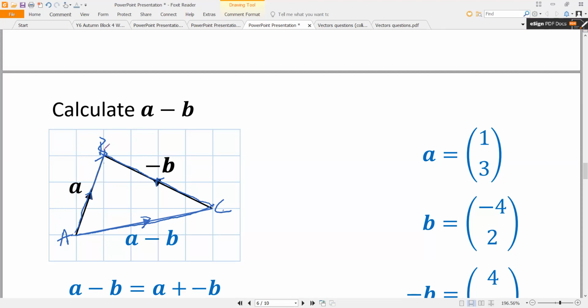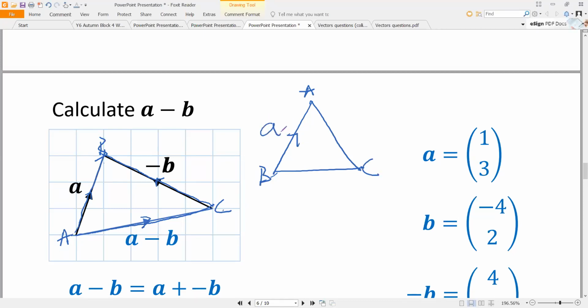Therefore, what is important? If I give you a triangle A, B, C, and I tell you that this represents A, this represents B, if I ask you to find BC, the vector BC, what are you going to do? Let's go back. What is the journey?